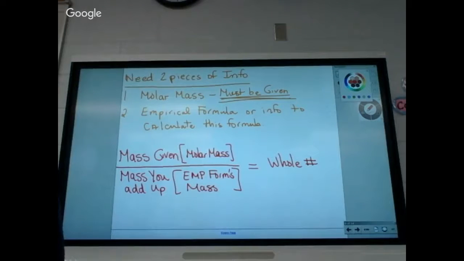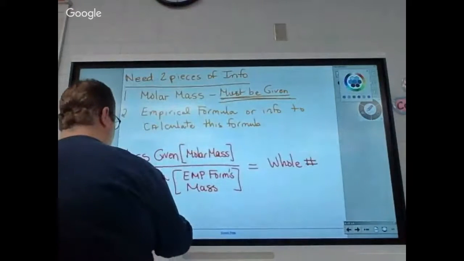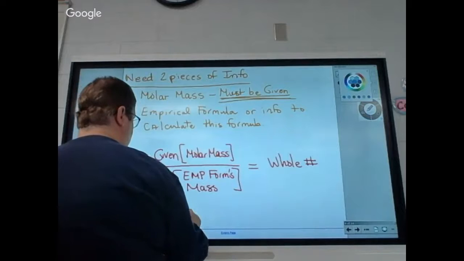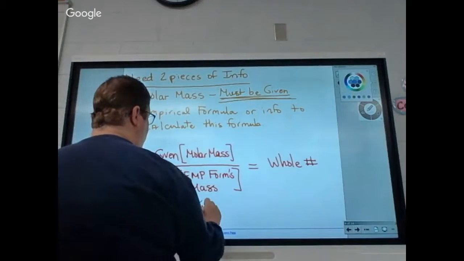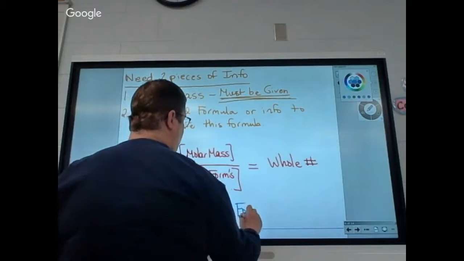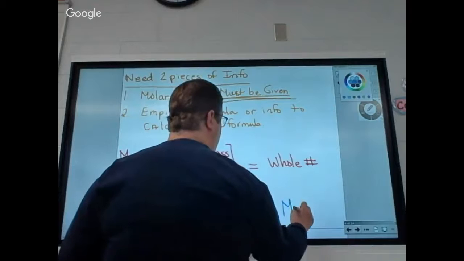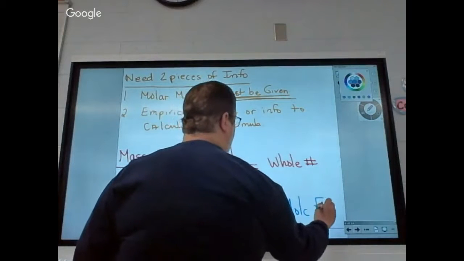It's not reduced by a fraction. It's reduced by a whole number. You take this whole number and you multiply it through the empirical formula, and you get the molecular formula.